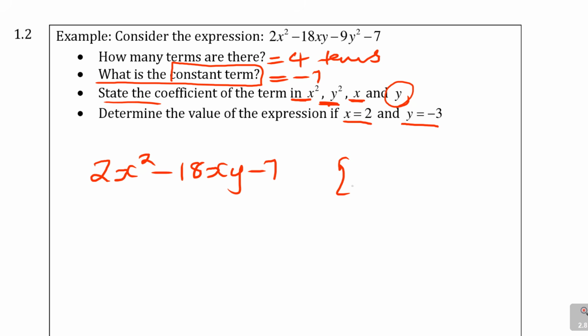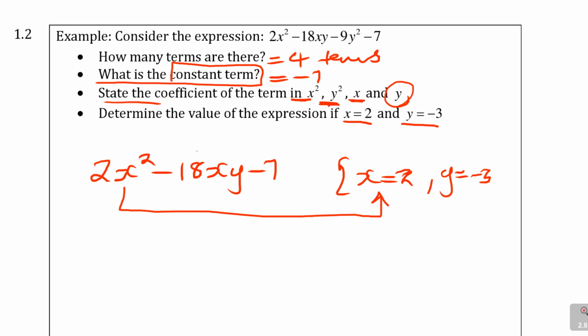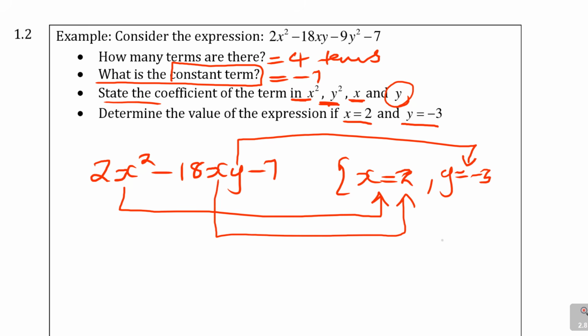And then here you are told x is equal to 2 and y is equal to negative 3. Now look at this. With these values, it means where I see x, what do I put? I put 2. And when I see y, I put what? I put minus 3. So that's what they call substitution.